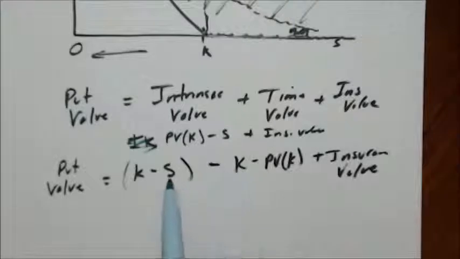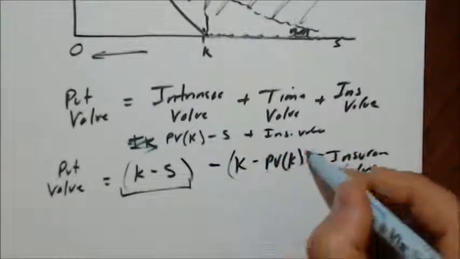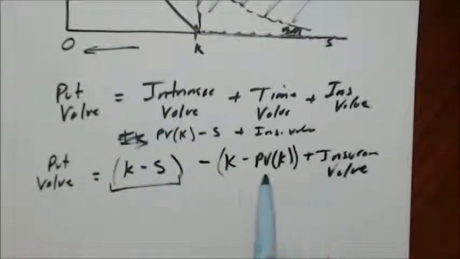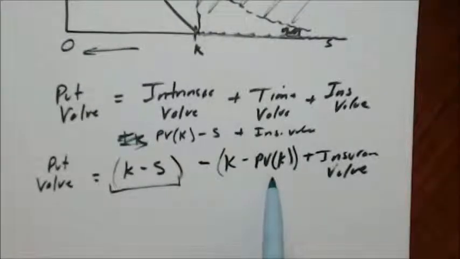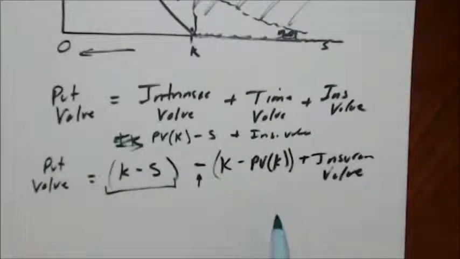And so we add and subtract K to this. We end up breaking it out, and it kind of looks like an American option at this point, because here is the American payoff, K minus S. I should put brackets around this whole thing. Here is the time value component. But notice for a second that you have a minus sign, and we'll talk about that in a second. Then you have the insurance value.